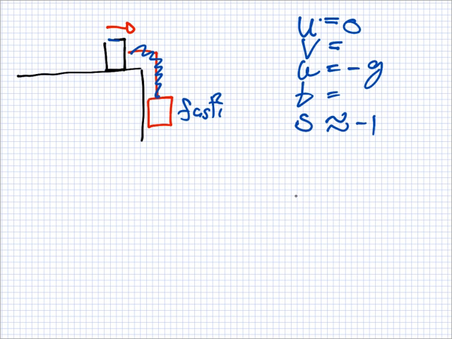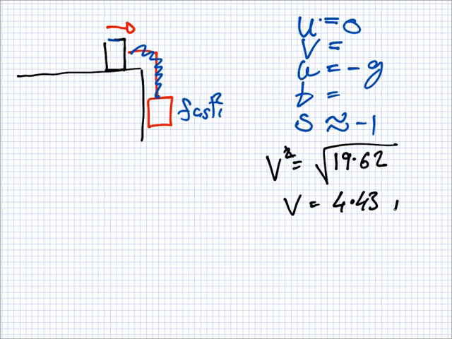Okay, so what gives me the V here? V squared equals U squared plus 2AS. So the V is the square root of 19.62, which is 4.43 meters per second.